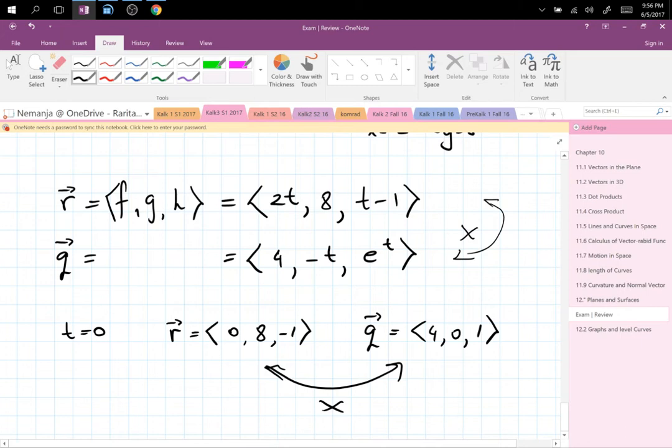So I can pick whether I want to first do the cross product with functions and get a vector that will still have functions, and then keep plugging in t1, t, whatever I need, or I can first plug in t over there, figure out what the individual vectors are, and then do the cross product. But it's much better to do one cross product than this.